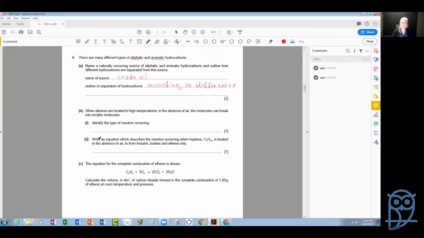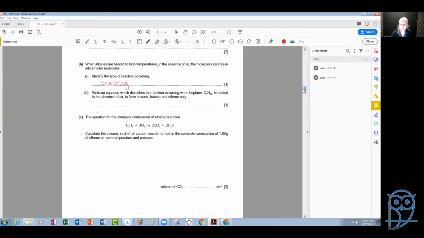Okay. Next, question B. When alkanes are heated to high temperatures in the absence of air, the molecules can break into smaller molecules. Oh, this is the famous cracking. This is a word that you need to know. This method of cracking is where we produce the smaller hydrocarbons, which are more useful than the big ones, through cracking.